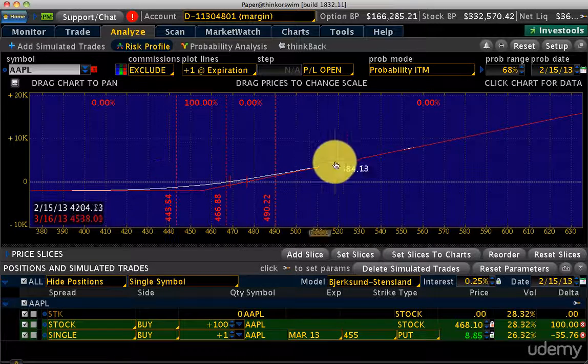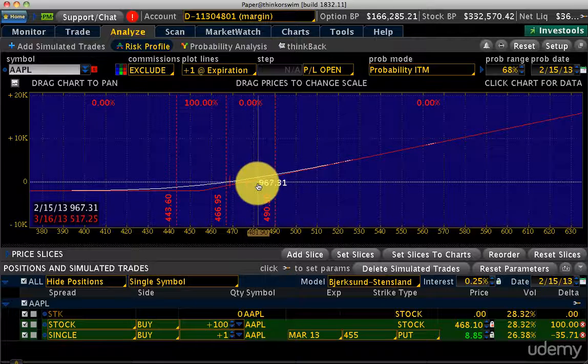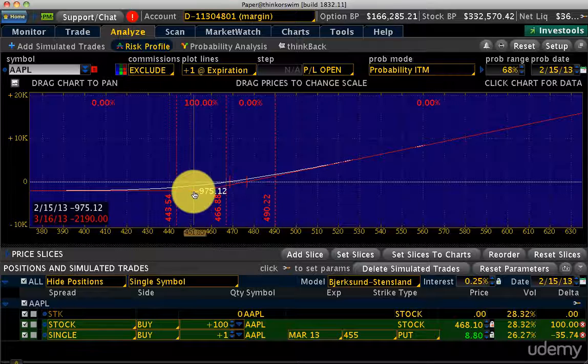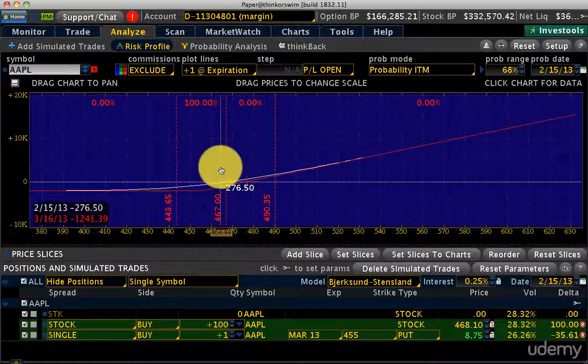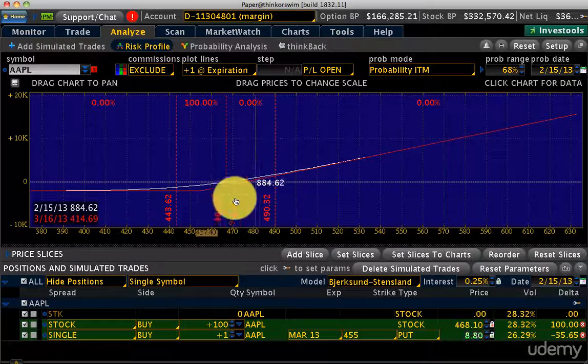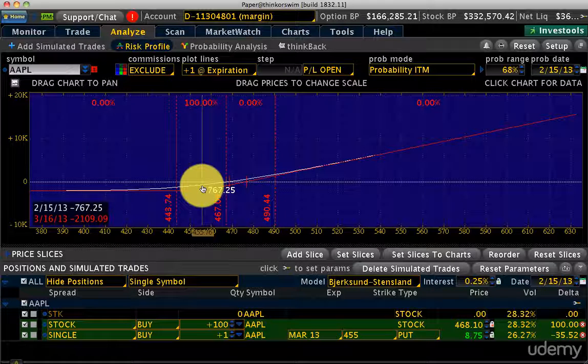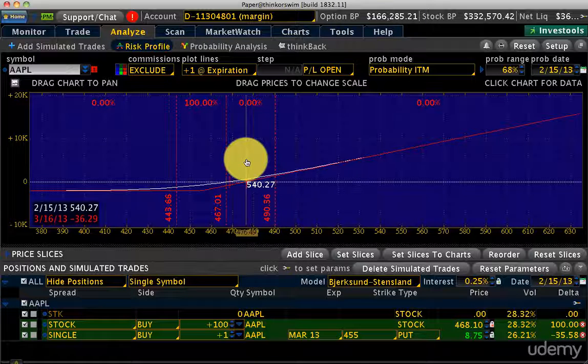You've probably got used to these graphs a little bit by now, but these are simple graphs. Once you start tackling complex strategies, these graphs are going to get a little bit more complex. But they're absolutely critical. If you don't understand risk graphs, then you're flying a plane without a map.